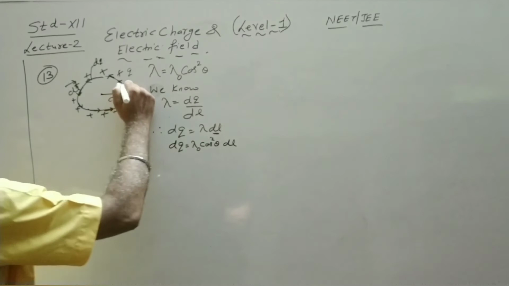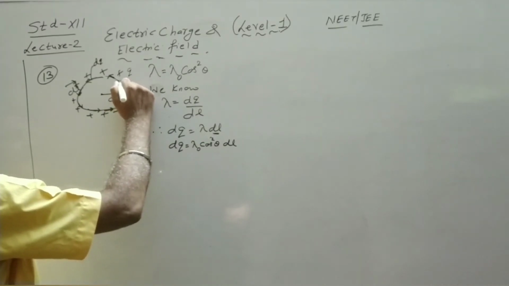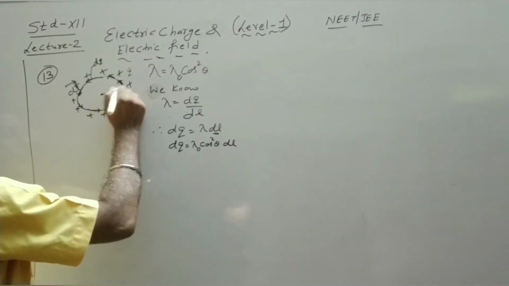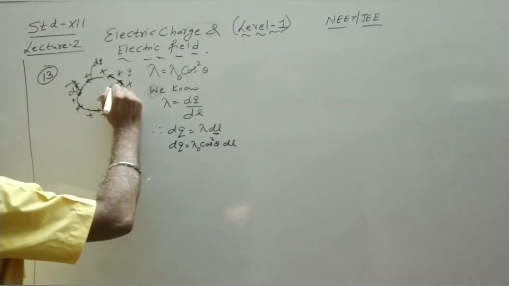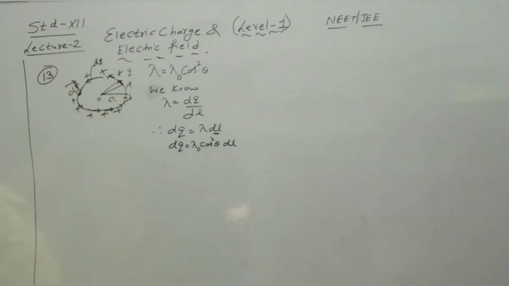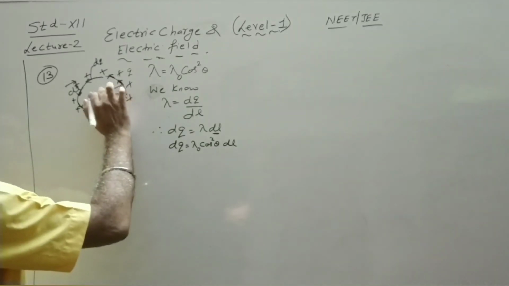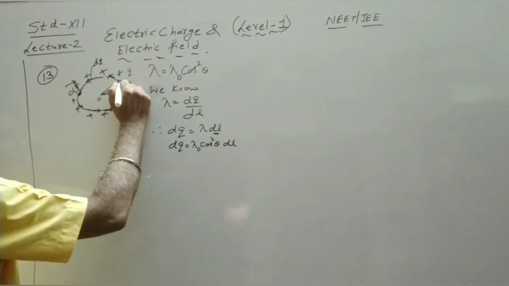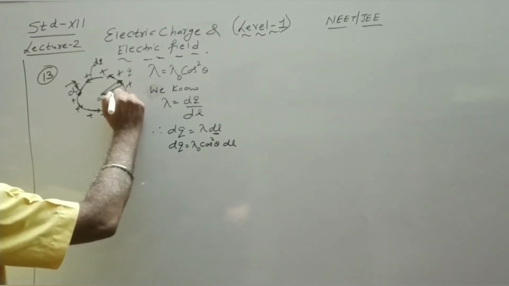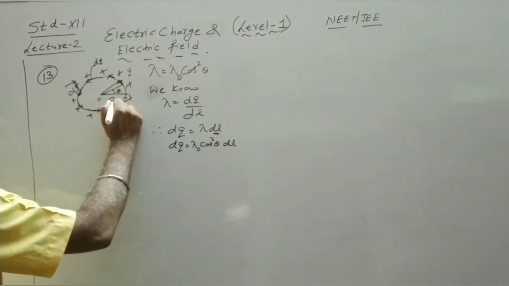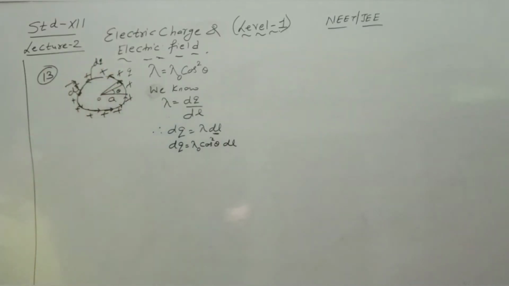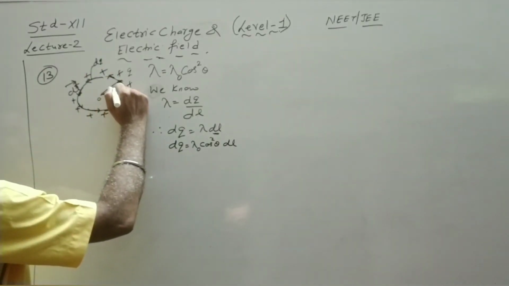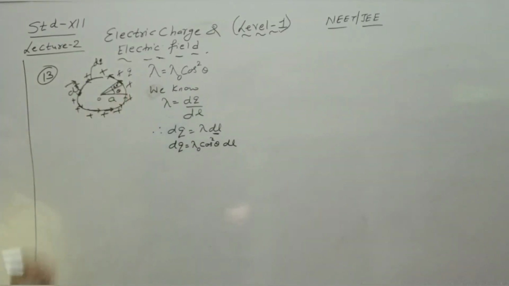Now if I take this element, the tail is connected to the center and the head is connected to the center. This angle is taken as theta. When I move on the circle, the small angular displacement is assumed to be d theta.